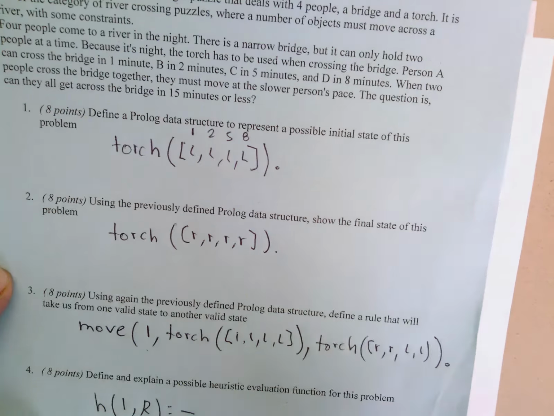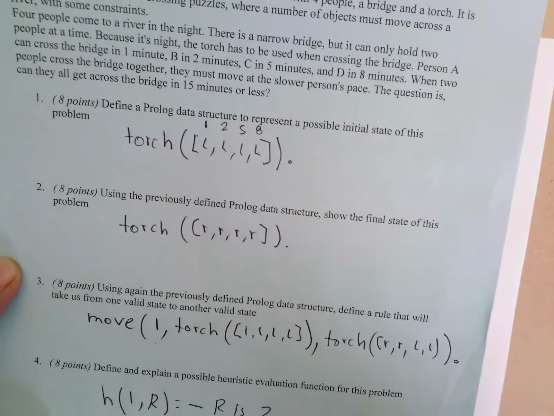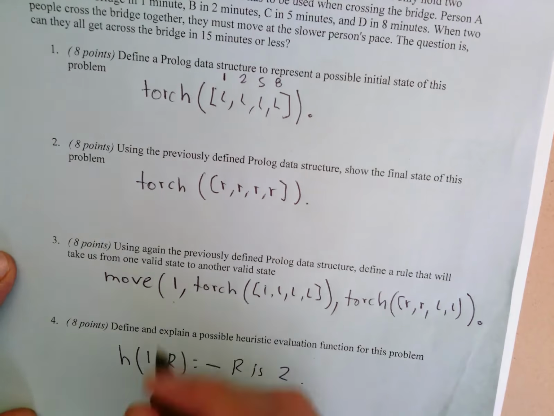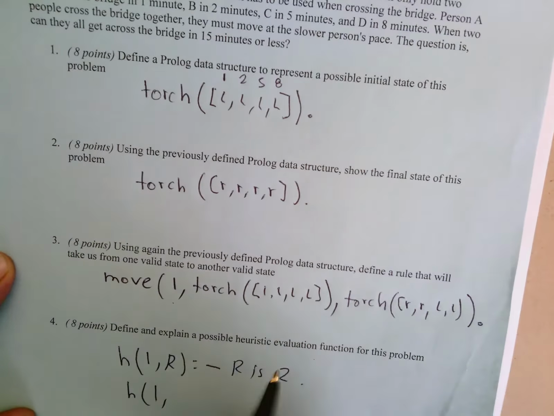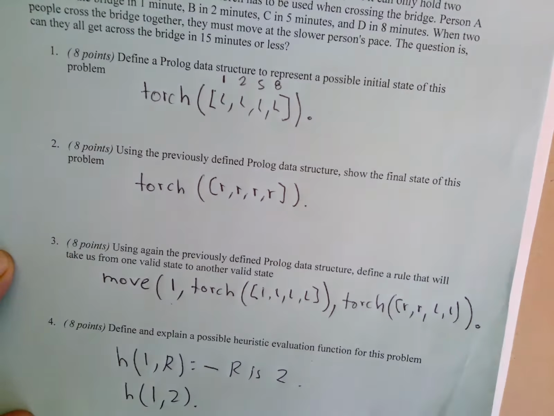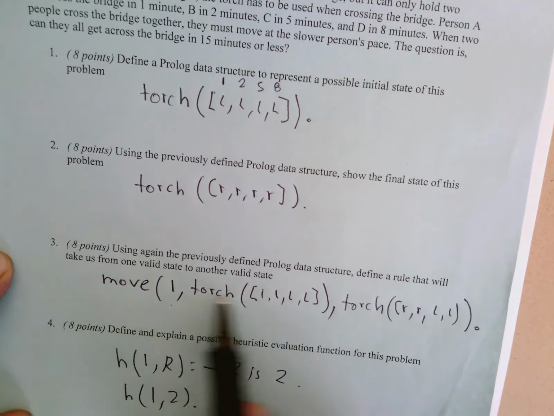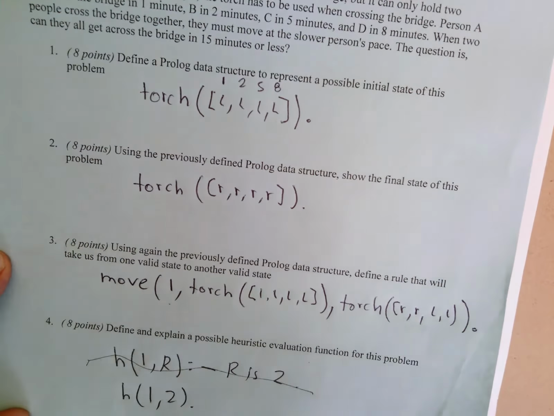Then I can say R is 2. This is okay, but I can say it this way instead, so this is even better. If I'm asking what will be the time of doing this transition, this will be maybe a definition of my function, and we don't really need this.